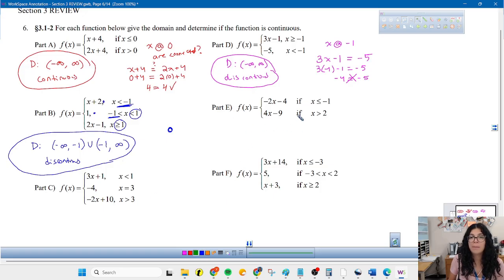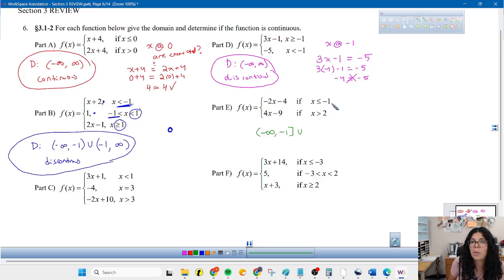Okay, next part E. Here's another one where, based on just looking at the domain, we can determine that there is definitely going to be a big break in the graph. We have a line that's used to the left of -1, from negative infinity to -1, including -1, but then we don't have anything between x value -1 and 2.